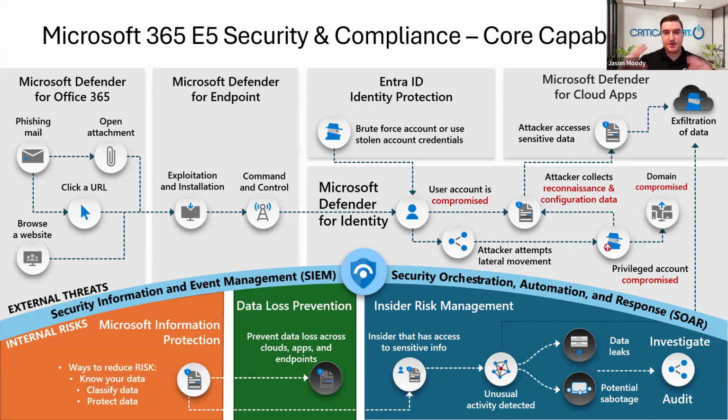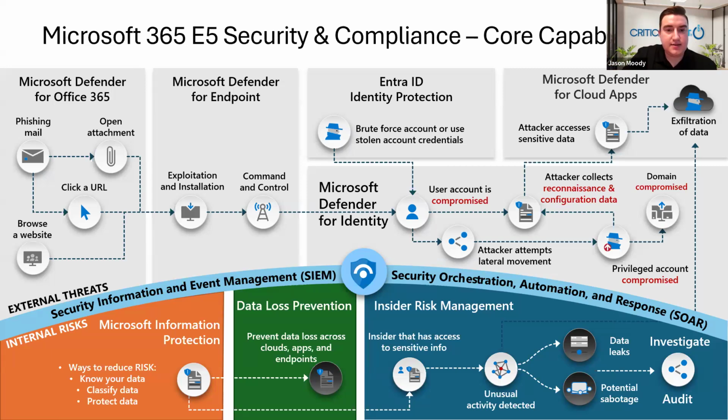So we've got security on top, compliance on the bottom, and then this arch that you see across is Sentinel, which, as I mentioned earlier, is a SIEM solution. If you have log sources outside of Microsoft, which most people do, like firewalls and things of that nature, that's where Sentinel comes into play, and it can help you not only speed up your investigations, but provide comprehensive automation and correlation for all of the log sources you're pulling in.